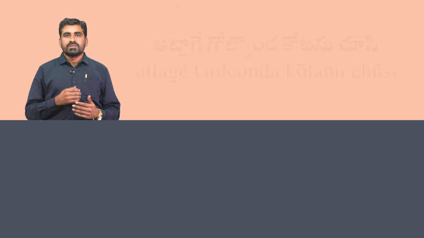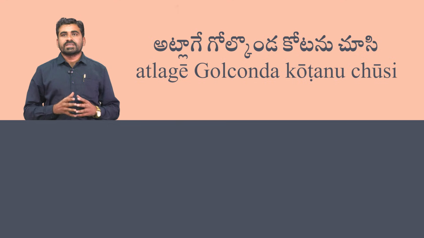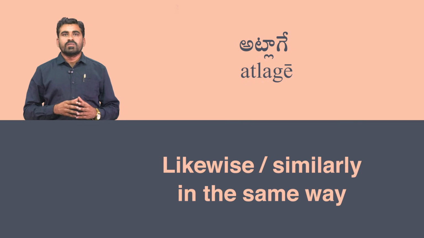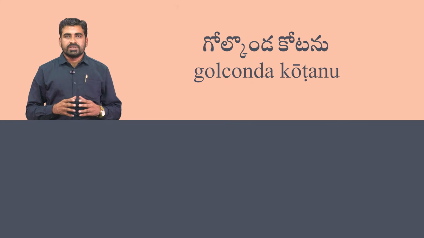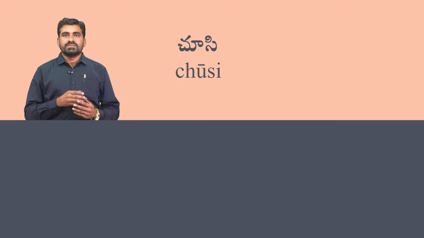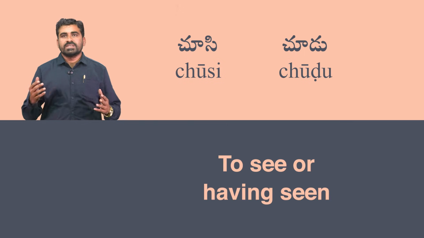The second one, అట్లాగే గోల్కొండ కోటను చూసి, is a participle phrase describing an action that will happen sequentially. అట్లాగే means likewise or similarly or in the same way, linking this action to the previous plan. Golconda Kotanu is the object, a proper noun, Golconda Fort, marked with the accusative suffix nu, indicating it is the thing being seen. Chusi is the verbal participle from chudu, it means to see or having seen.